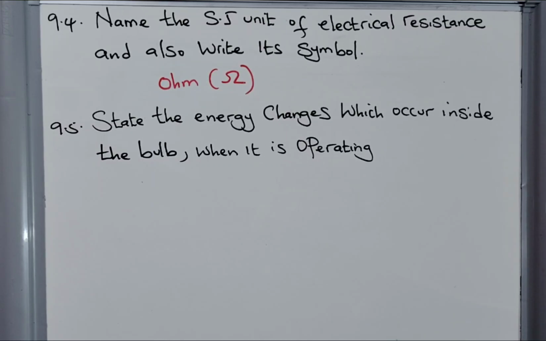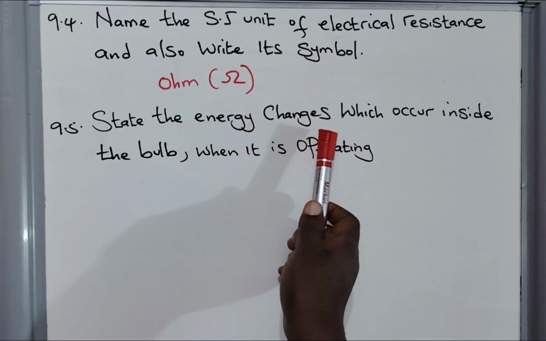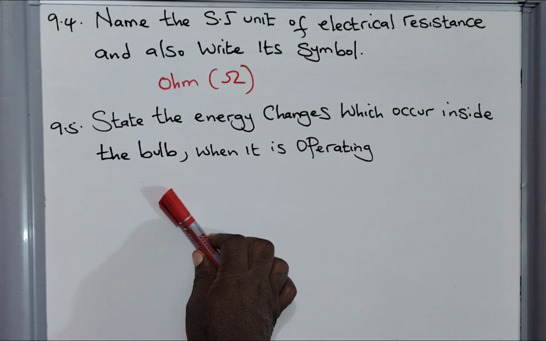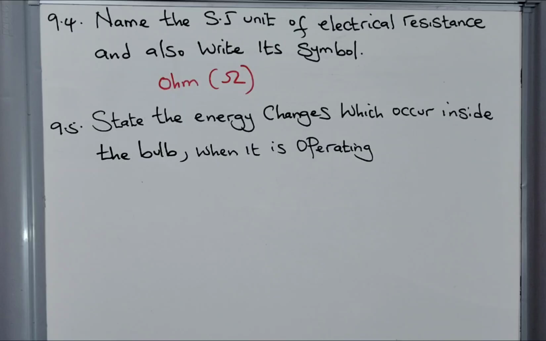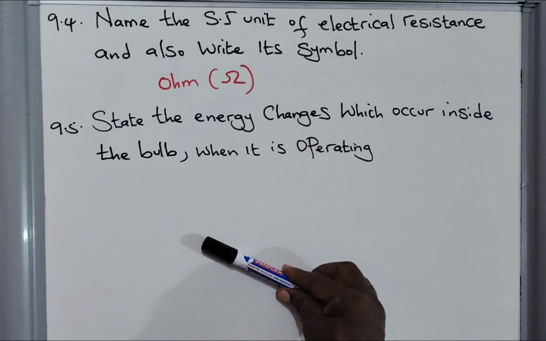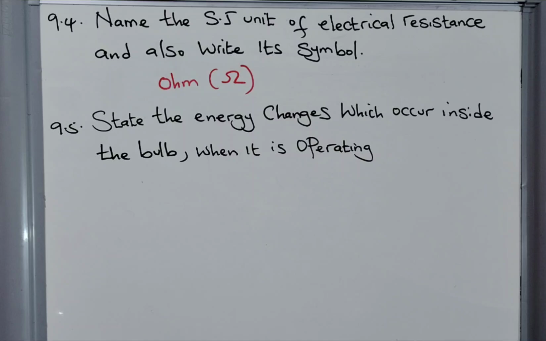So we come to this one. It says, state the energy changes which occur inside the bulb when it is operating. What are the energy changes occurring inside the bulb? What comes inside the bulb is electrical energy, and that electrical energy passes through the filament.